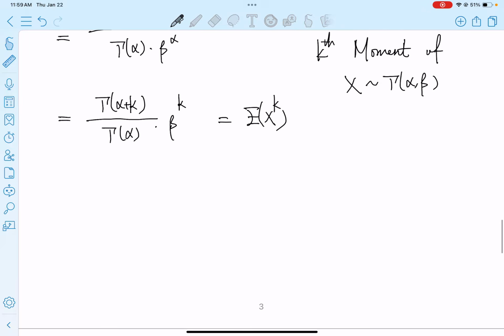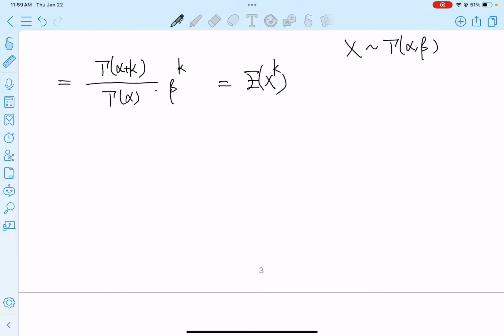Okay, so now we have a formula for an arbitrary kth moment for the gamma distribution. Now, if we want to evaluate the first moment, all we need to do is set k to 1. Then we will have gamma of alpha plus 1 over gamma of alpha, multiplied by beta raised to the power of 1.